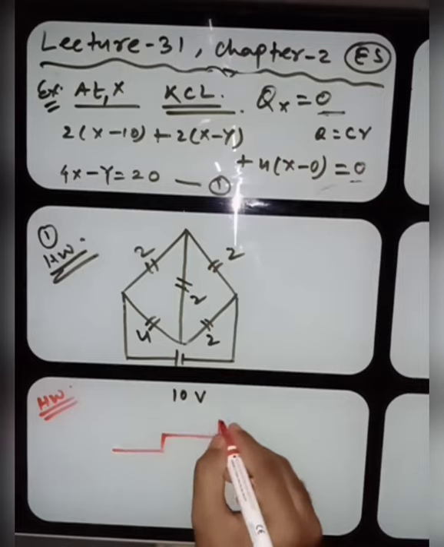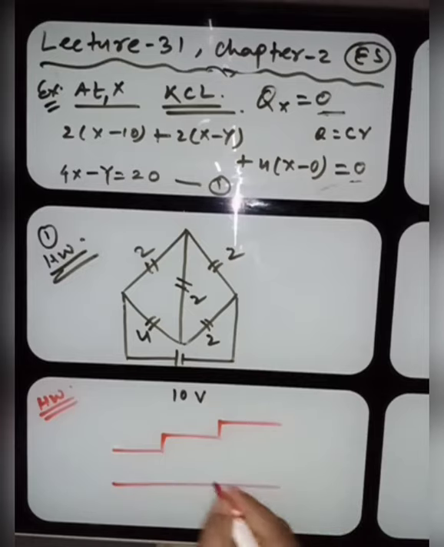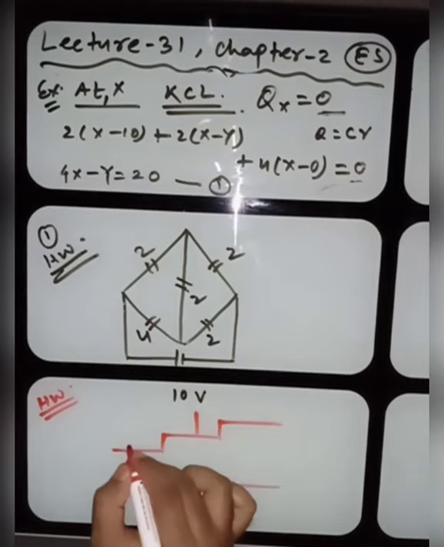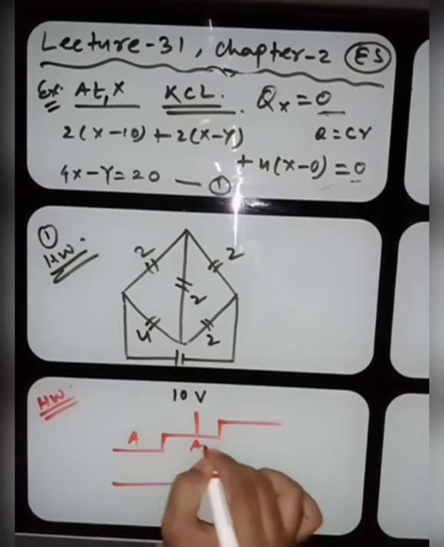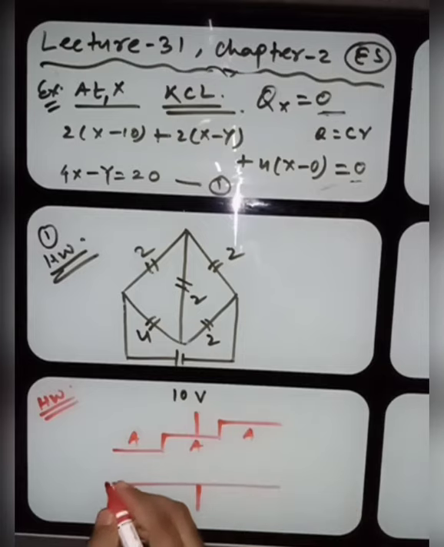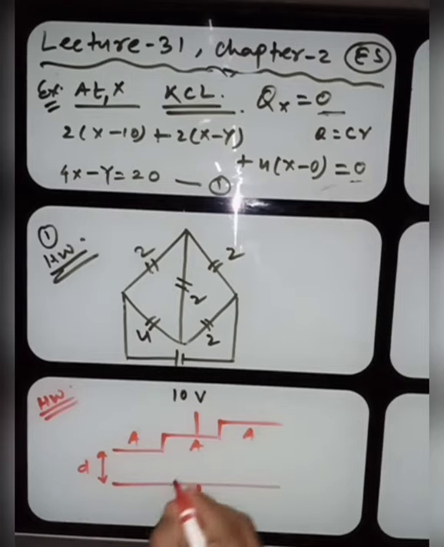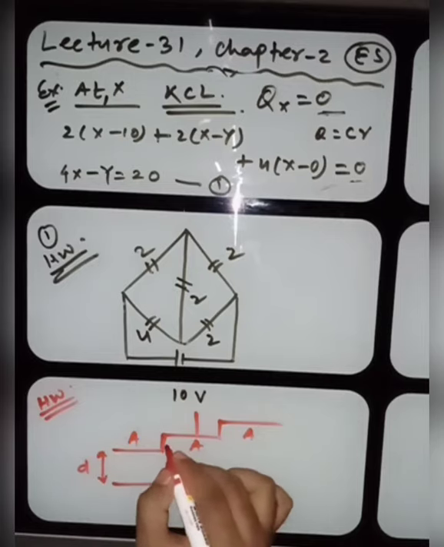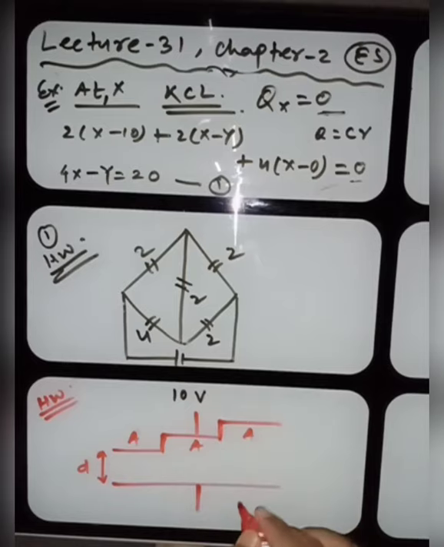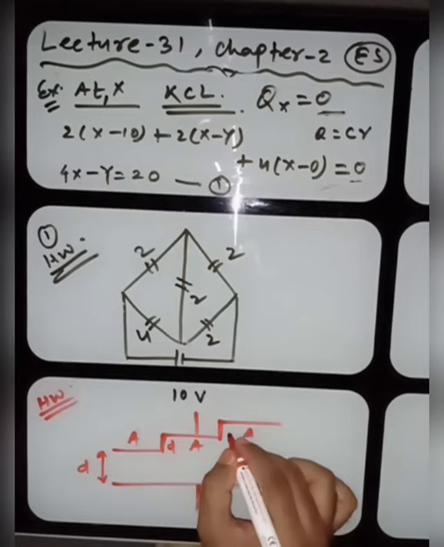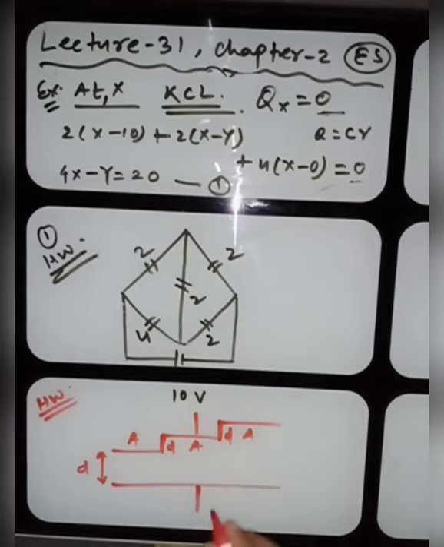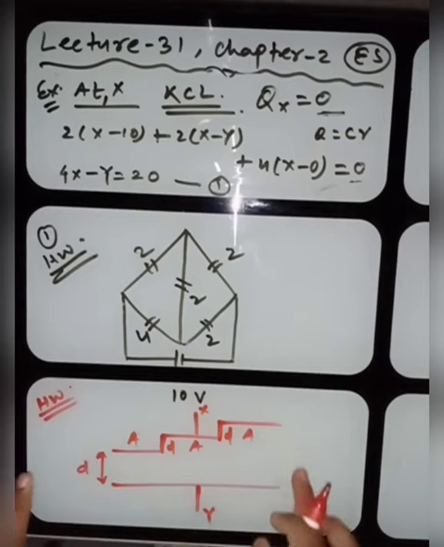This is the plate arrangement. This question was asked one year in IIT also, a few years ago. The plate area is A, and the separation between these two plates is suppose D. This length is also D and this length is also D. Remember, this is D. You have to find the equivalent capacitance between X and Y for such an arrangement.